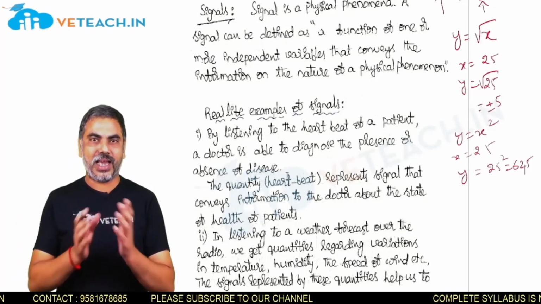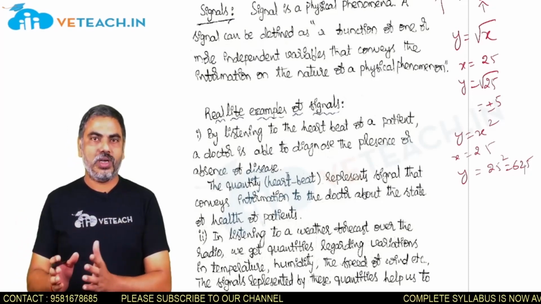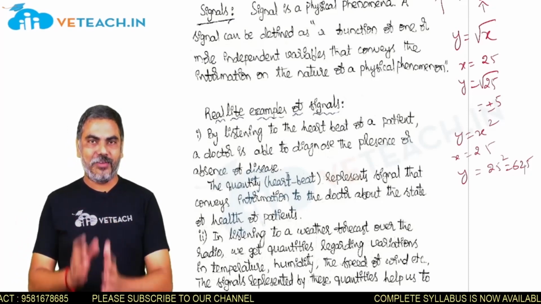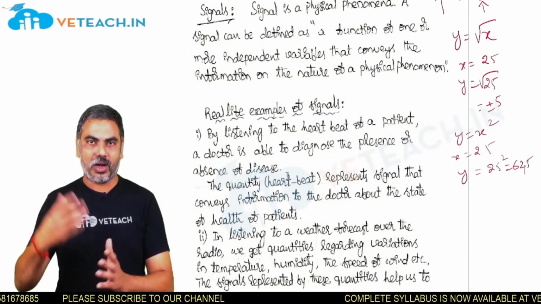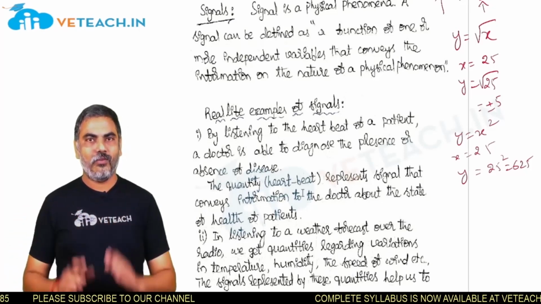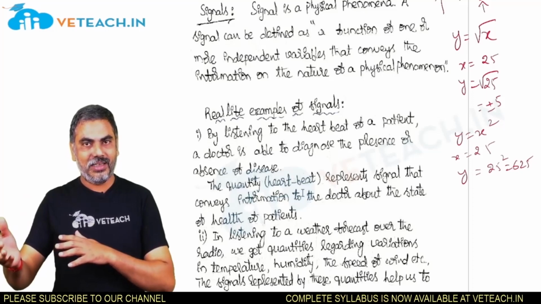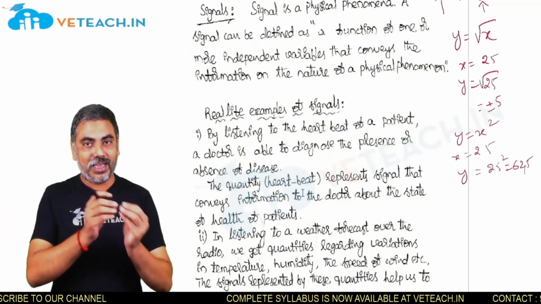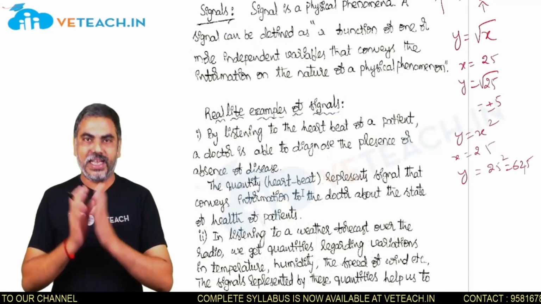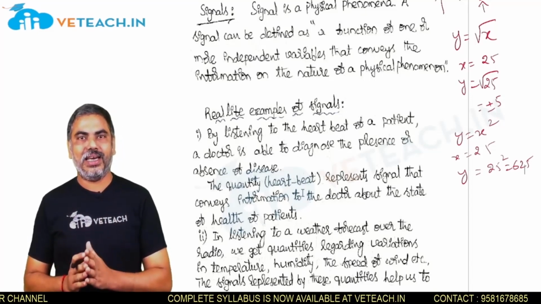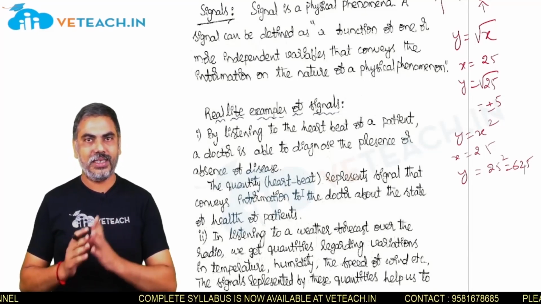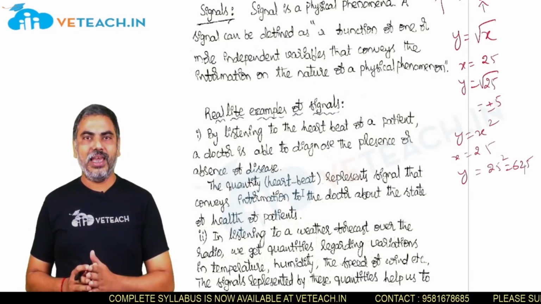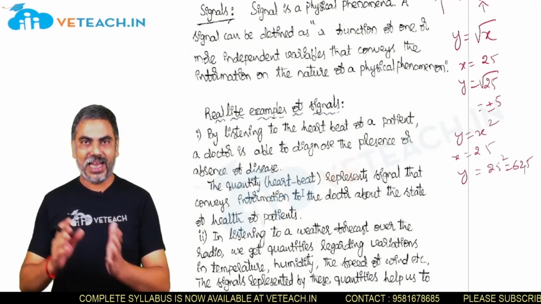Based on the weather forecast report, we can also decide whether to go fishing or not. So these are certain real life examples of a signal: heartbeat signal, weather forecast and so on.